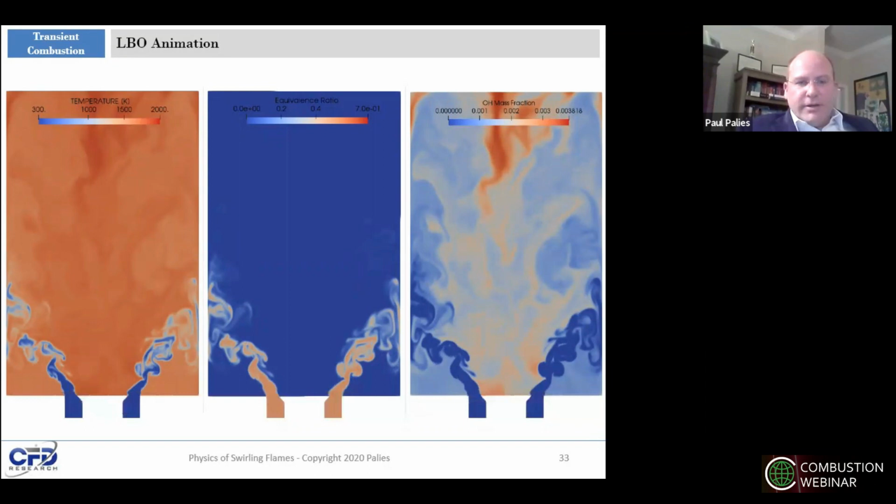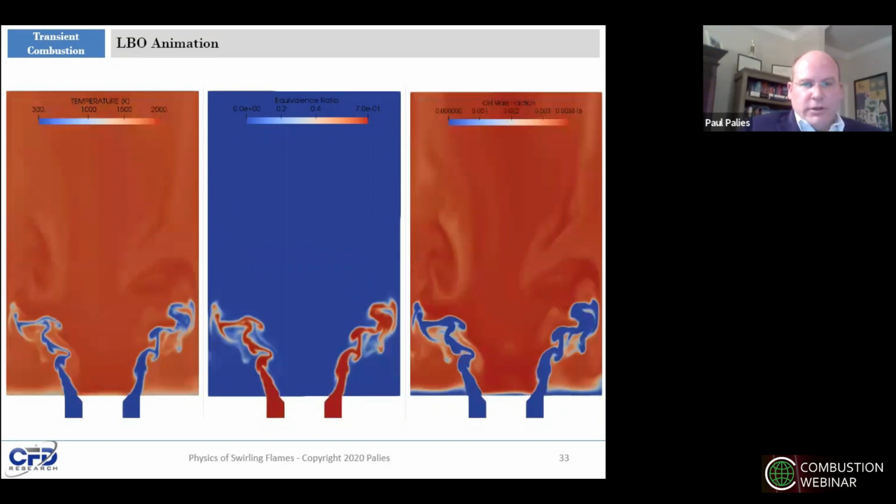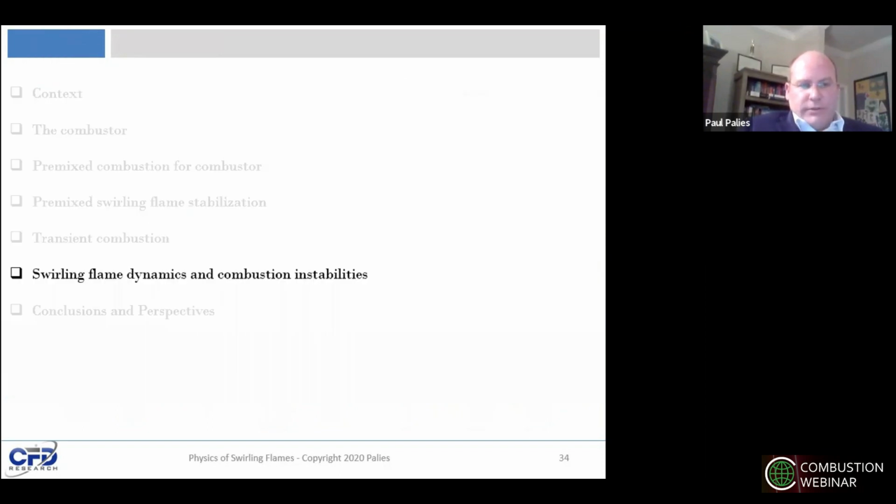We also see some dynamics that come into play towards the end of the simulation, characterized by the transverse mode of the cavity. Now I'm going to look at swirling flame dynamics and combustion instabilities.